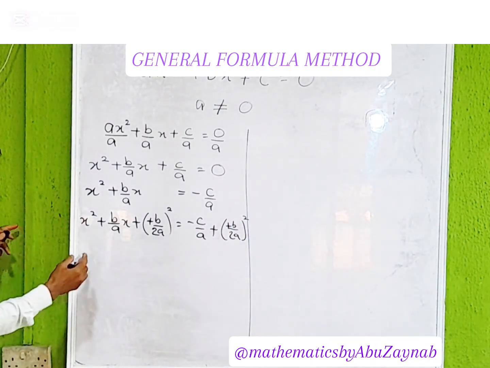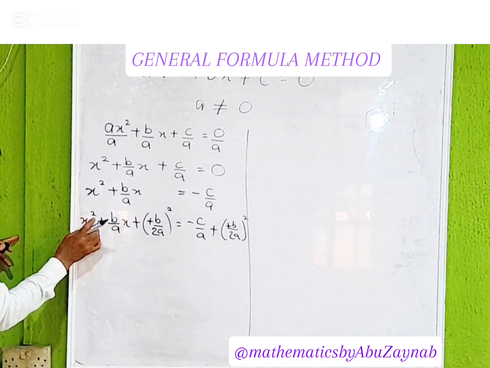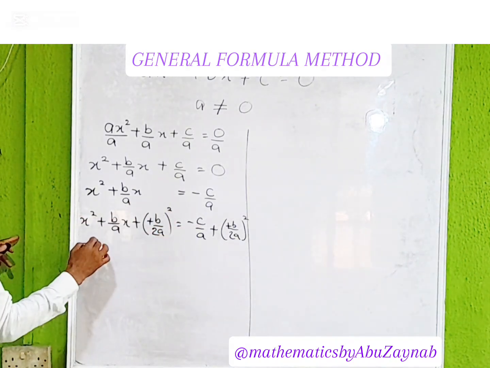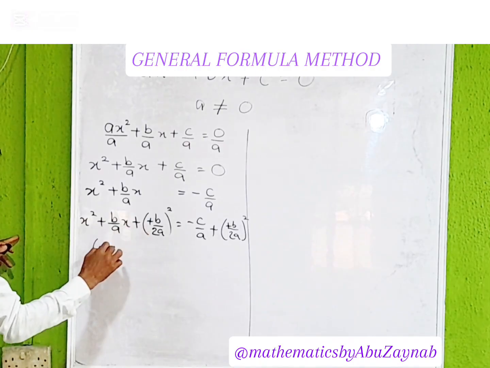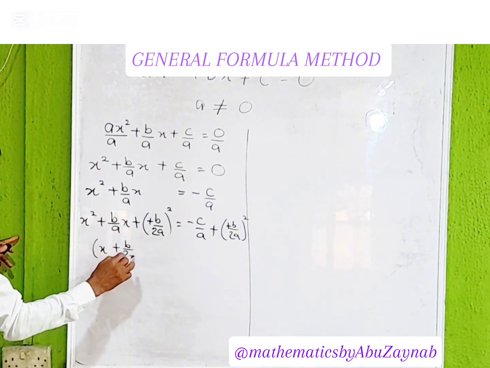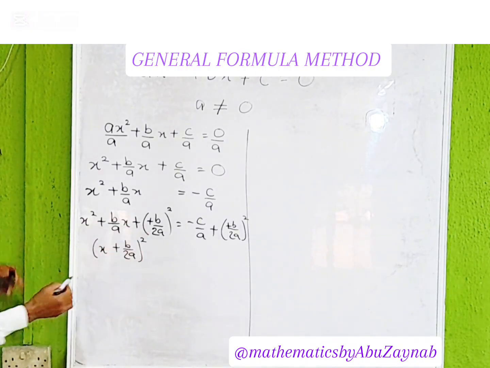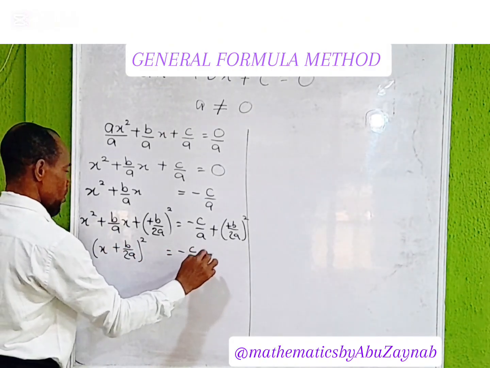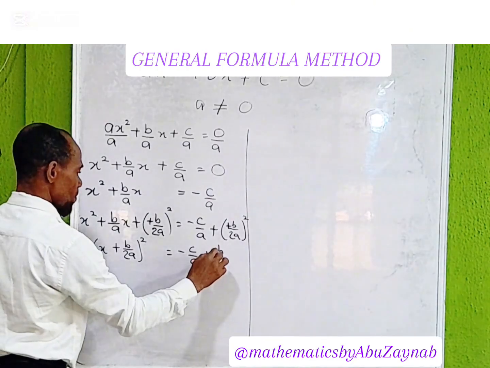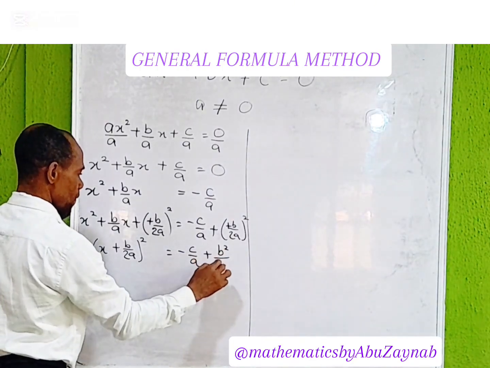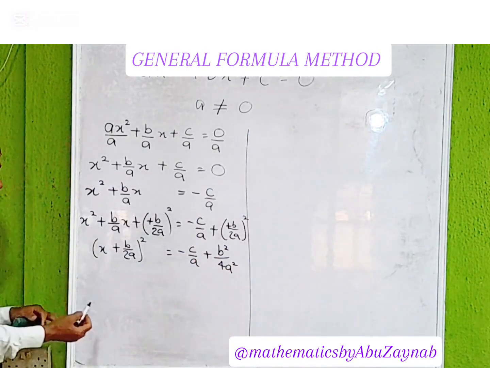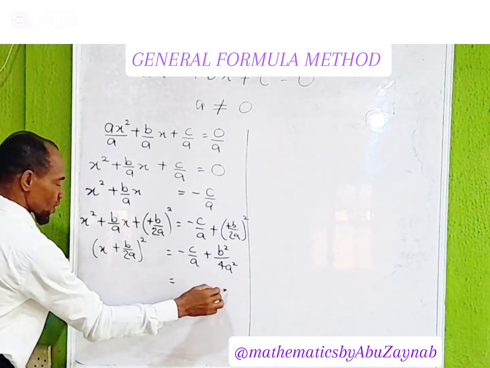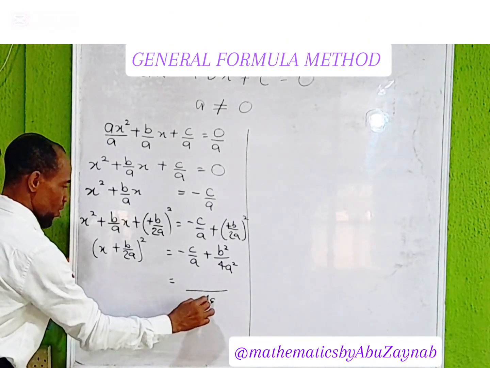Then again, remember from the last video that I'm going to include the two terms that have square in a single bracket. I'm going to have x plus b over 2a all squared equals then minus c over a plus squaring that I'm going to have b squared over 4a squared. So when you solve this right hand side, the LCM is 4a squared.